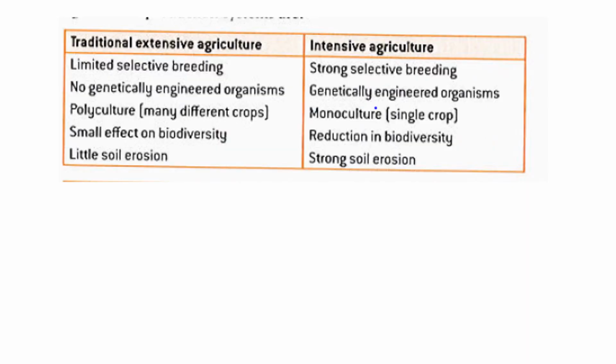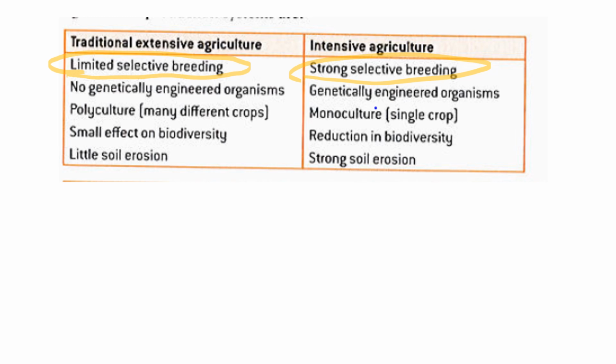And you need to think about different methods in traditional farming and intensive farming and how they compare. So extensive farming, as we should call it, is going to use limited selective breeding, whereas intensive farming systems are going to have much higher selective breeding rates.